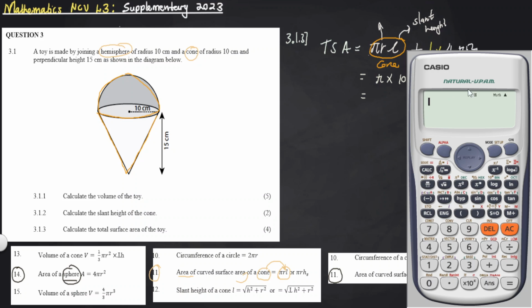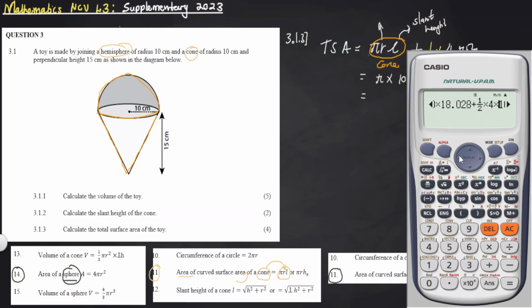So this is going to be shift pi multiplied by 10 multiplied by 18.028, plus half multiplied by, I understand that the calculator is hiding the calculation, but just bear with me for a moment, and then the answer that we get is this.